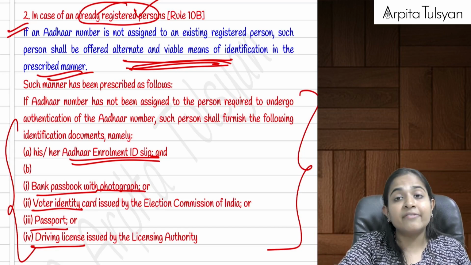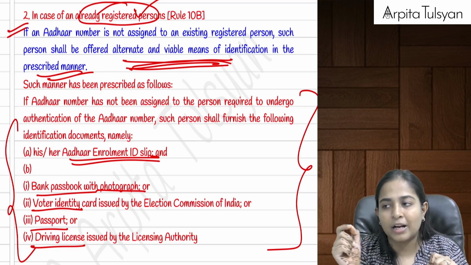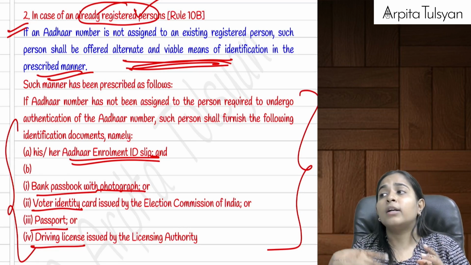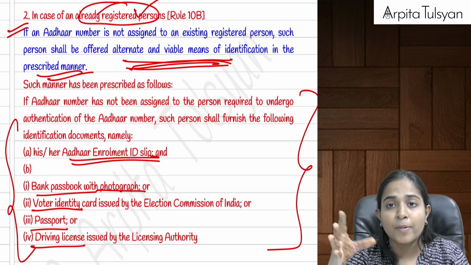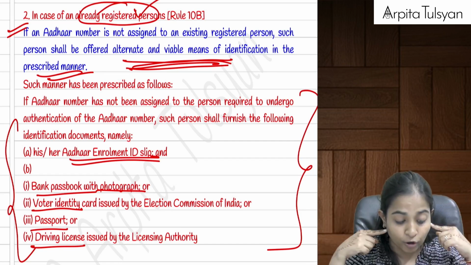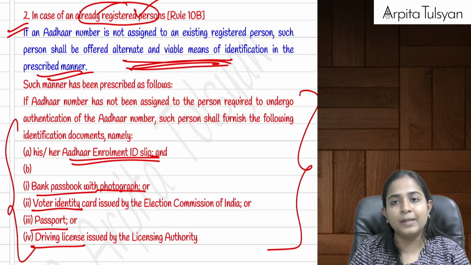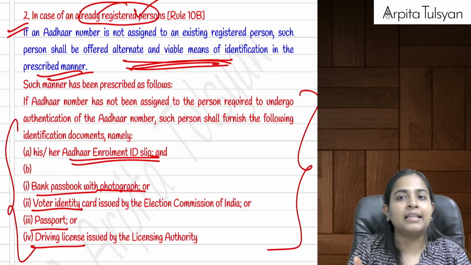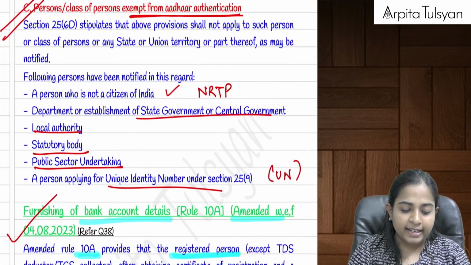Example, if they have just applied for their Aadhaar, the Aadhaar enrollment slip is given before allotment of the Aadhaar number. Use that slip. Or you can use a copy of your passport, a copy of your driving license, a copy of your bank statement or bank passbook with your photo, or your voter ID. These can be used till the time you do not have Aadhaar. And once you get the Aadhaar, make sure that within 30 days you complete the authentication.